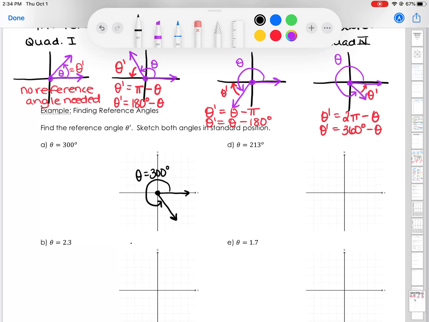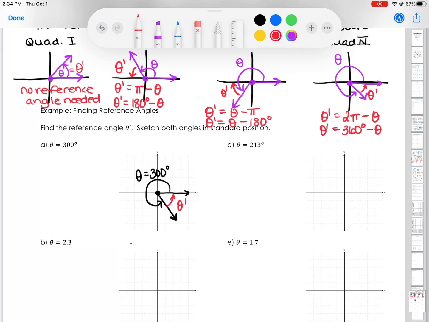We want to know what is the reference angle. So again, remember the reference angle is going to come in by going from the terminal side to the closest x-axis. That would be from this terminal to the closest x would be right there. That's going to be my theta prime. Now, this number might be pretty easy because the number is not too terrible that I'm working with, but it's good to go through the actual formula for it.